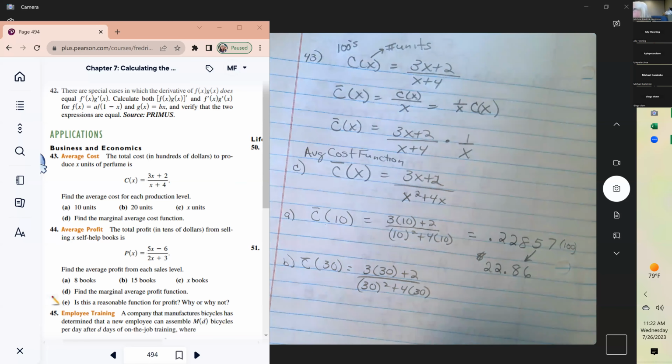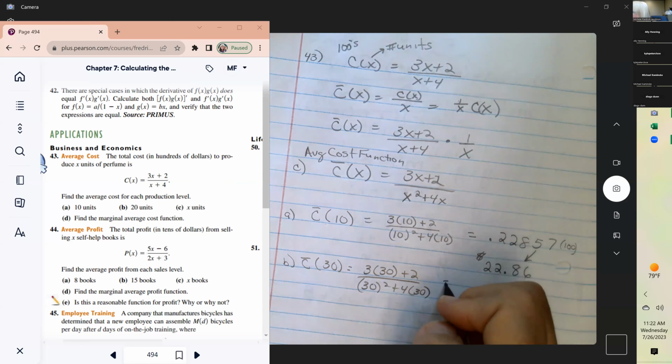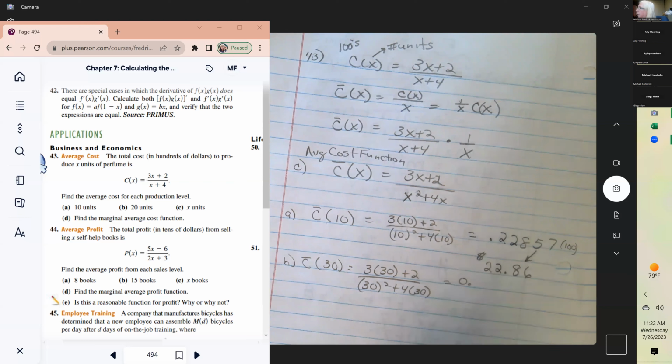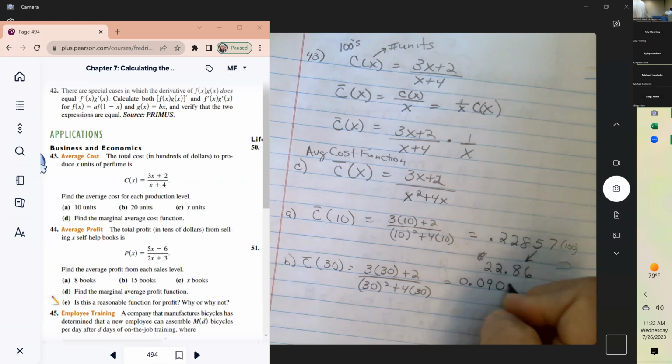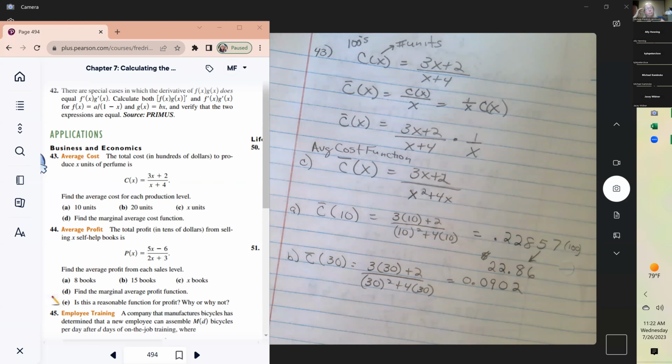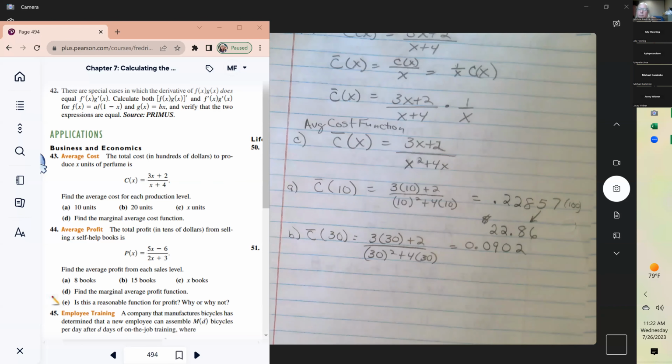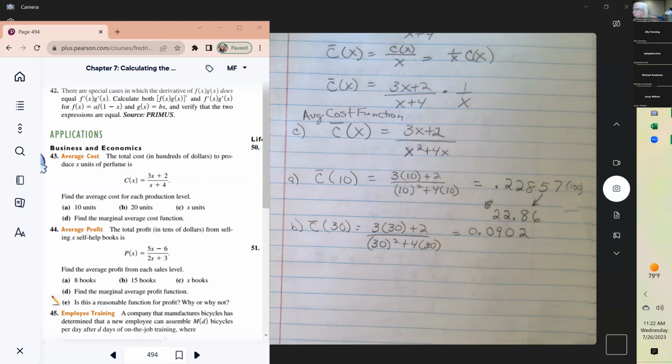The second one, or B, wants us to plug in 30. And you plug in 30.